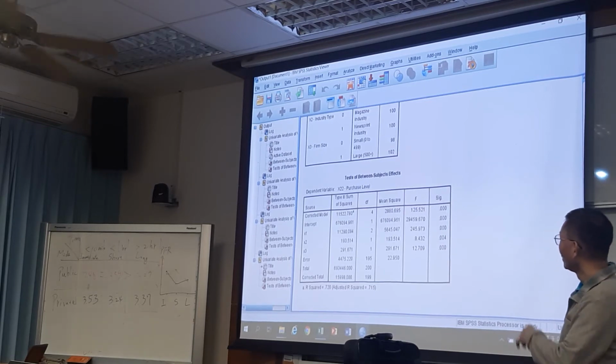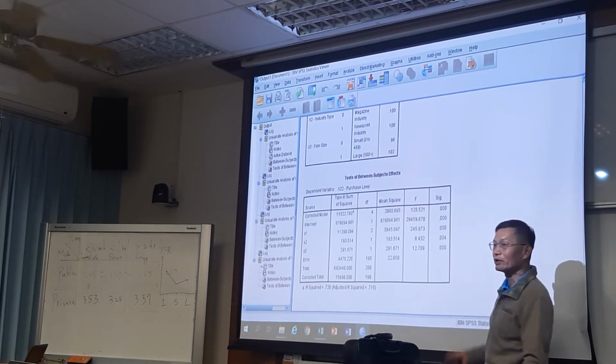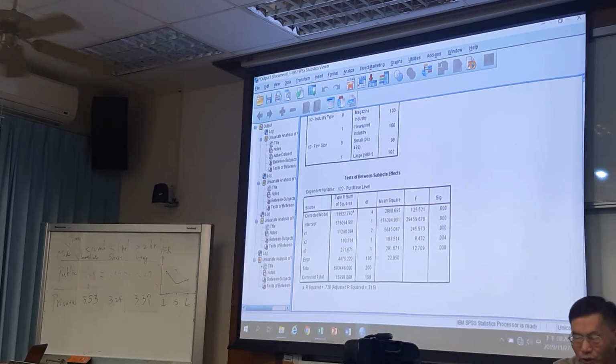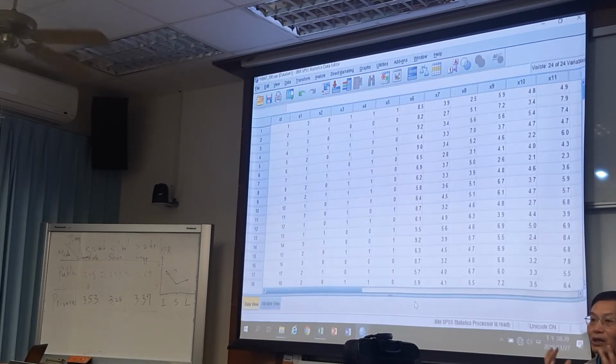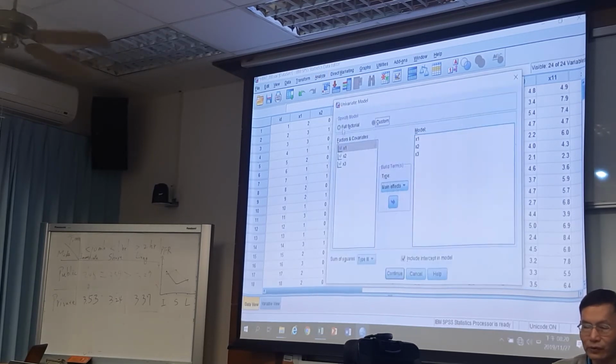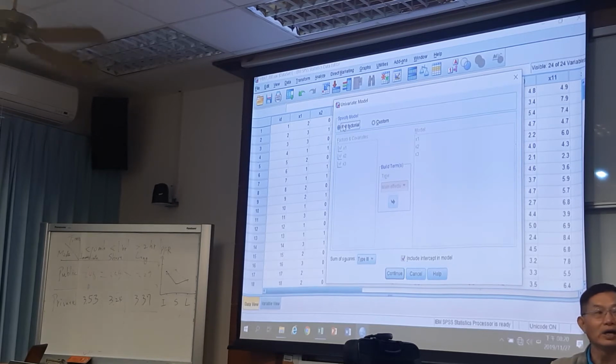Great. Each one of them is significant. But we are going to run the 2-way, 3-way interaction for a smaller number of independent variables. So now we can come back to 4 factorial. Okay?